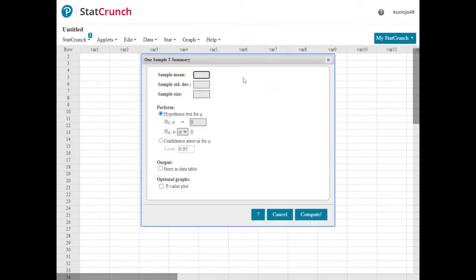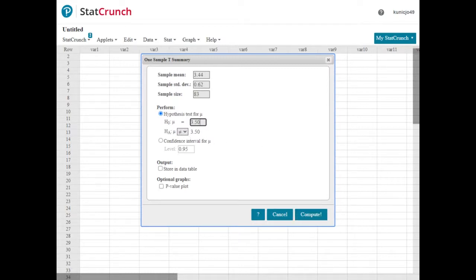So the mean is X bar, 3.44. Now you can see we're less than the claim. The claim was 3.5. Standard deviation 0.62. But are we far enough away given this sample size of 83? And then mu was 3.5. And the alternative is not equal.